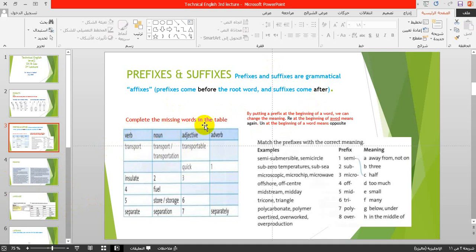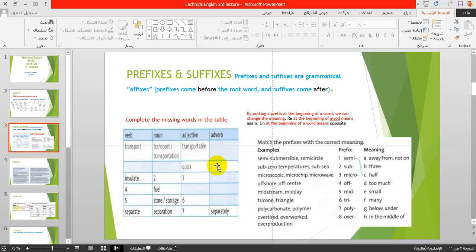Now, complete the missing words in the table. Look here, you have verb in the first column, noun, adjective, adverb. Some words cannot be transformed into a verb or adverb, like this highlighted area where you can't put a verb. For example, transport: the noun transport or transportation, transportable adjective, no verb, no adverb.